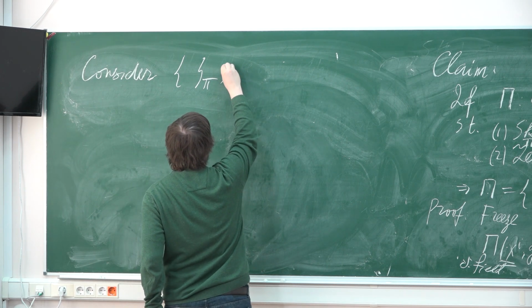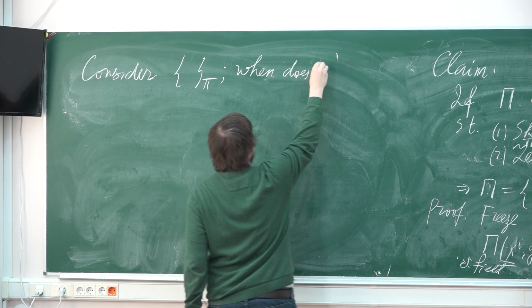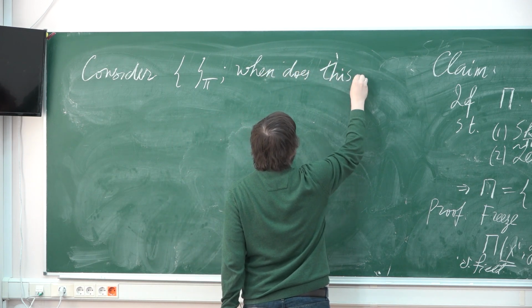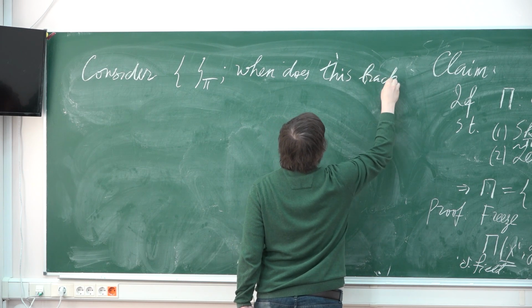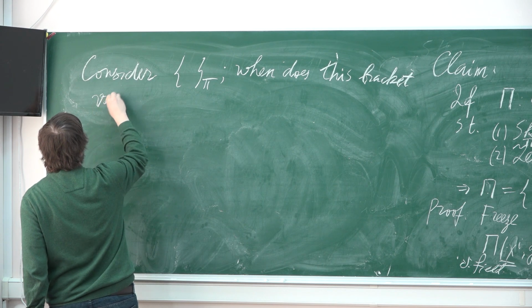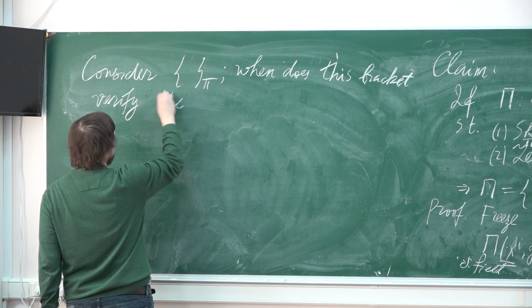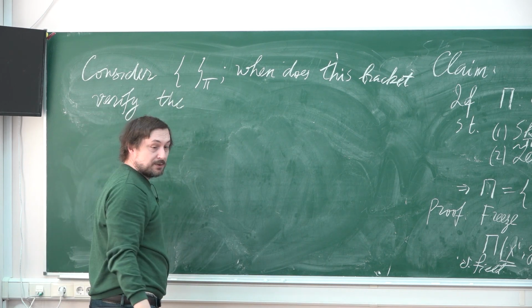The question is, when does this bracket verify the Jacobi identity, the only missing part of the Poisson structure?